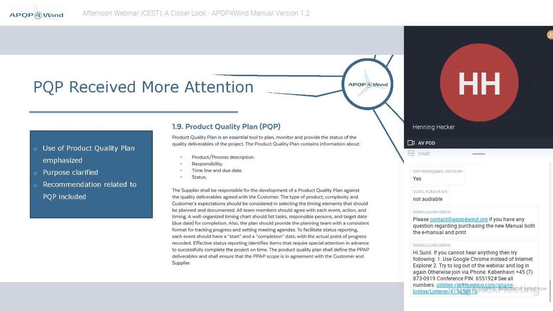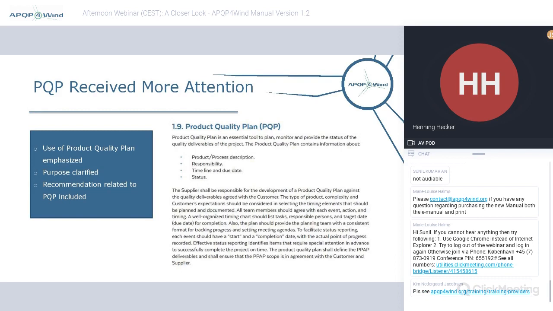Of course, we made some changes, especially on the PQP. The PQP, the product quality plan, is something that actually reached a higher level of attention. What do I mean by that? PQP is something we found to be a kind of guiding tool, a guiding document in the whole qualification process.